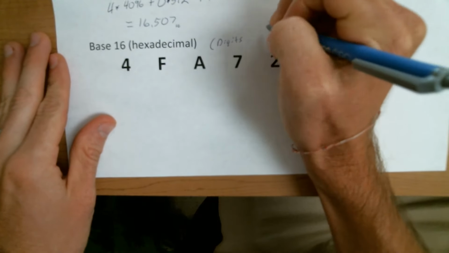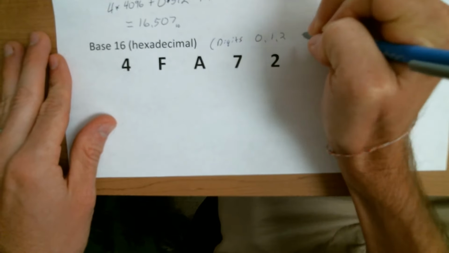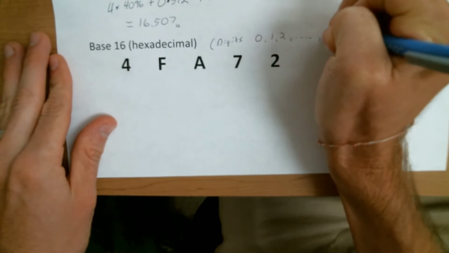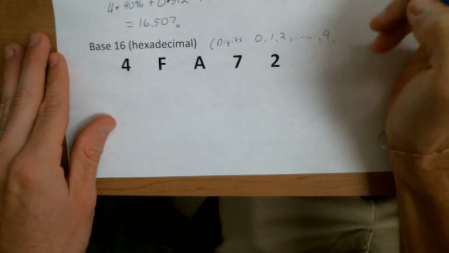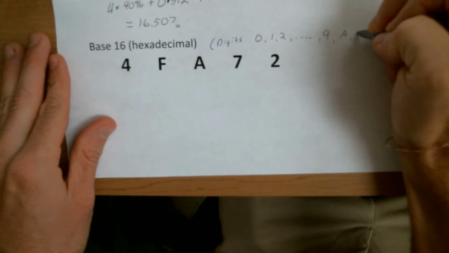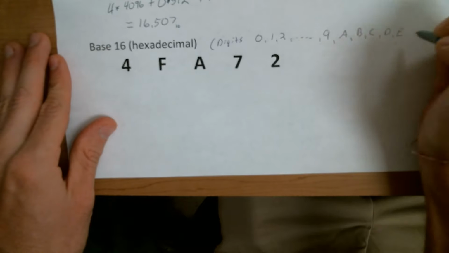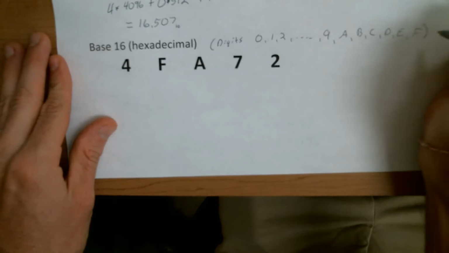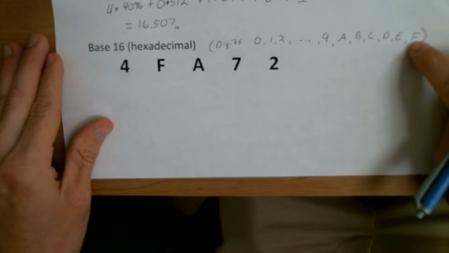We still start at 0, just like we always do. 1, 2. We get up to 9. And then to represent 10, that's where we start using A, B, C, D, E, and then we top out at F. That's our 15th digit right there.